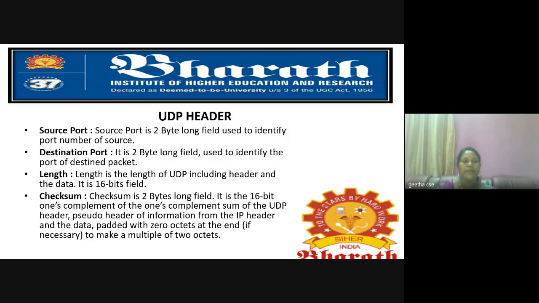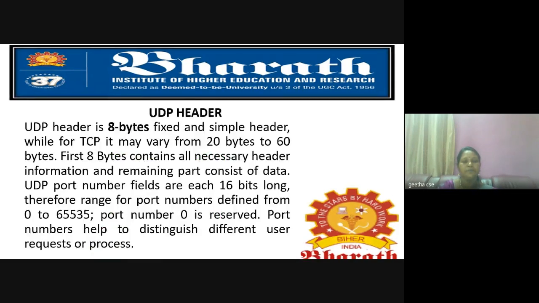This is the UDP header. Here the UDP port number fields are each 16 bits long. Therefore, the range of port numbers is defined from 0 to 65535. Port number 0 is reserved for UDP.